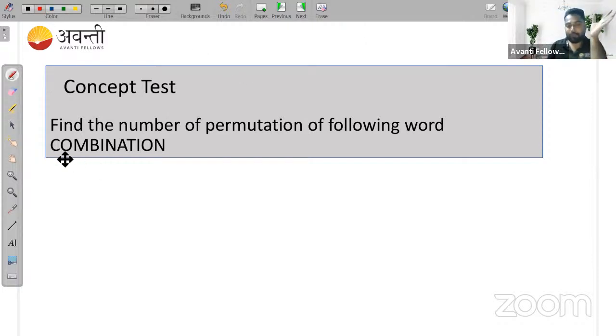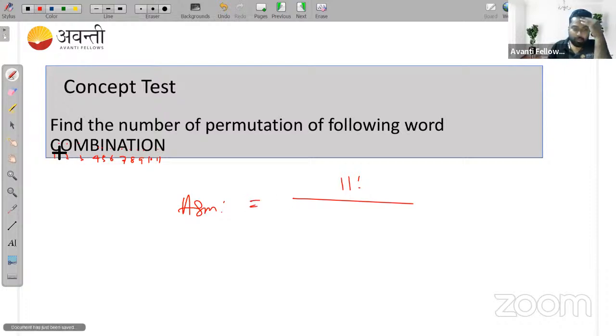In the word combination, we have 1, 2, 3, 4, 5, 6, 7, 8, 9, 10, 11 letters. So total number of arrangements is 11 factorial. And C is repeating? No, C is not repeated.